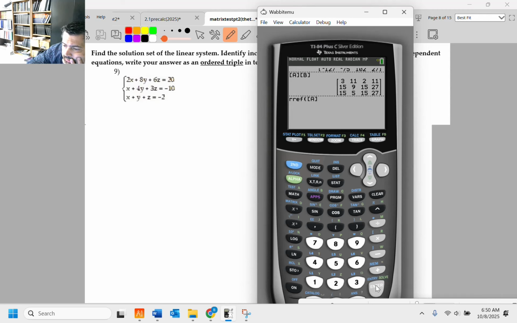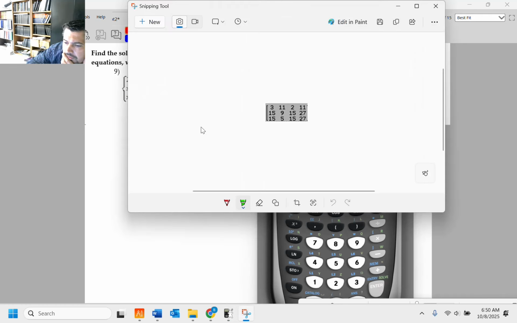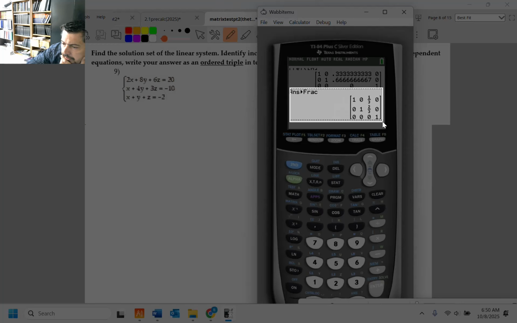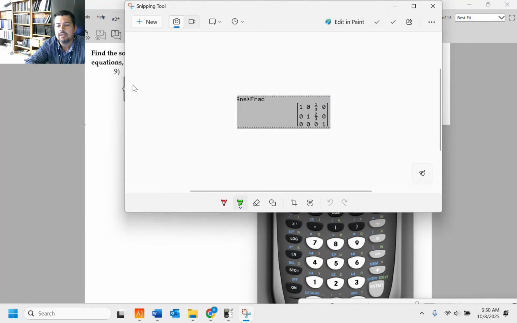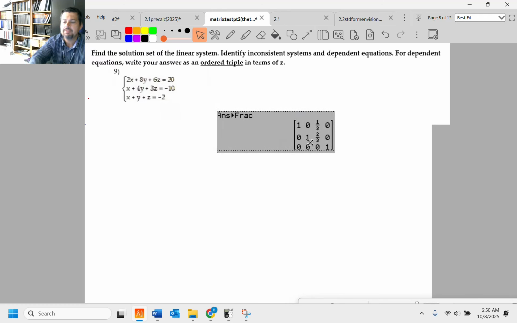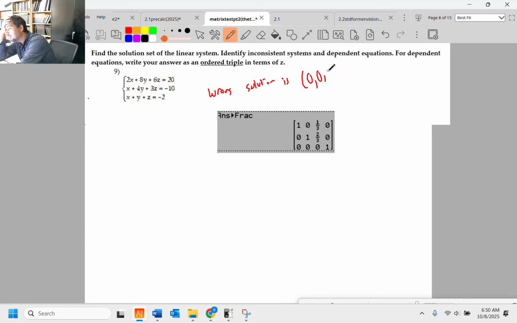Because you guys take a lot of work. It takes a lot of work to make kids who don't want to learn math. And I'm going to convert to fractions even though I don't need to on this one. I just would rather look at a fraction. Fractions in my mind are cleaner, purer. Some kids told me the solution is 0, 0, 1, and that's not right.